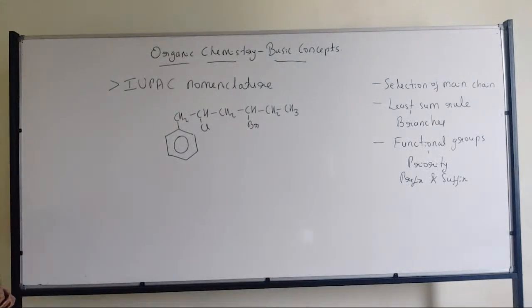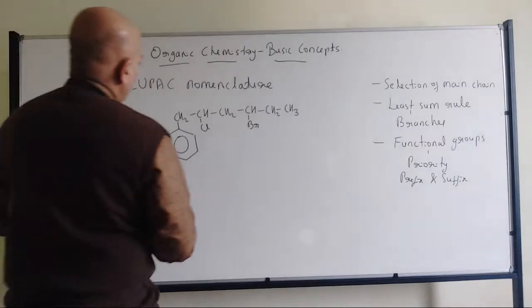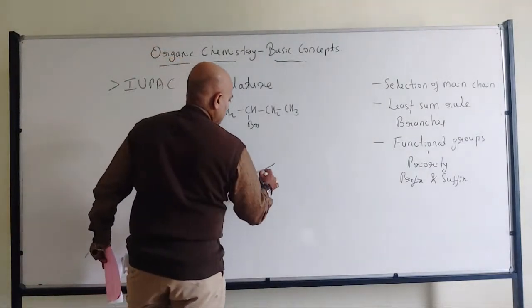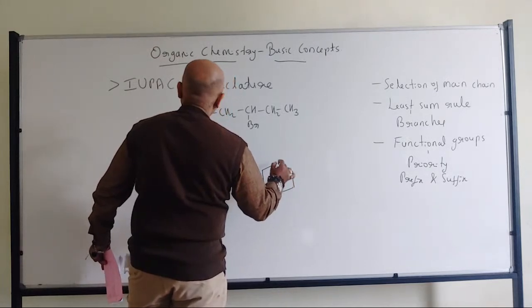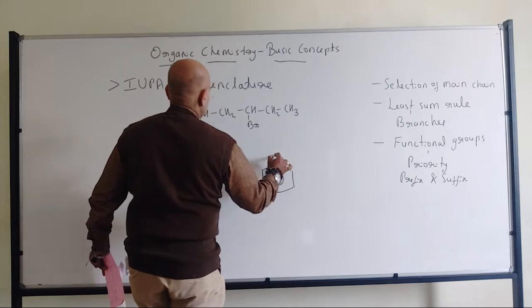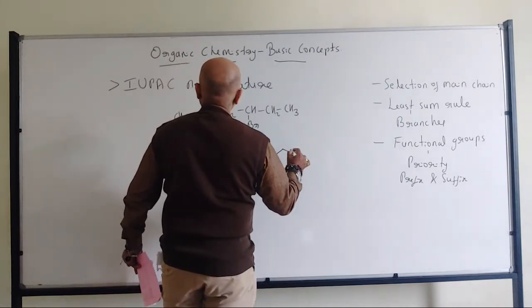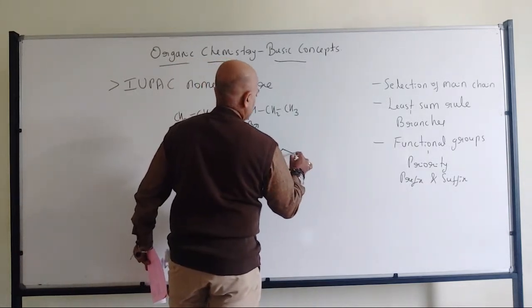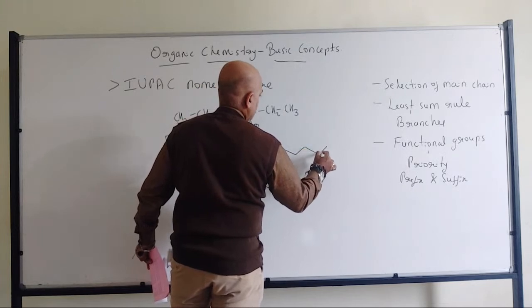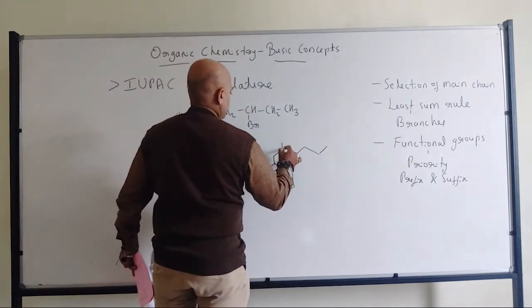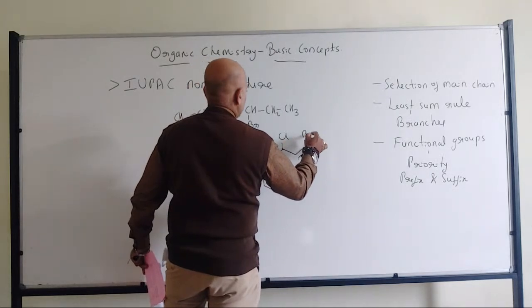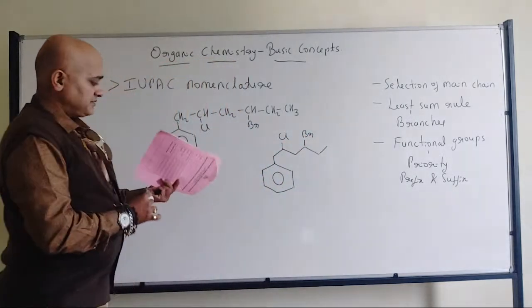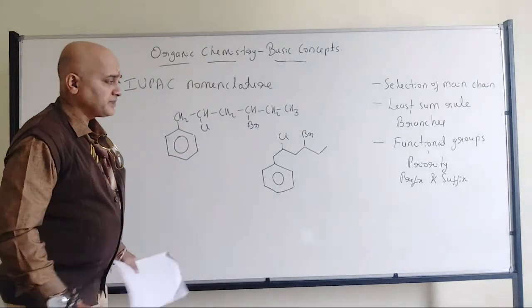How to name the molecule? If I want to write the line structure, then benzene has no change, it will be like this only. So here we have the chlorine, then here we have the bromine. So this will give the line structure.